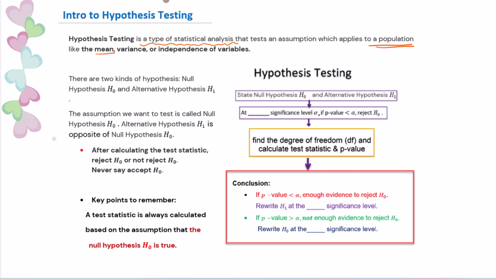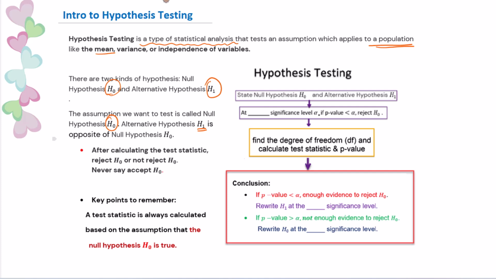There are two kinds of hypotheses: null hypothesis H0 and alternative hypothesis H1. The assumption we want to test is called null hypothesis H0. Alternative hypothesis H1 is the opposite of null hypothesis H0.